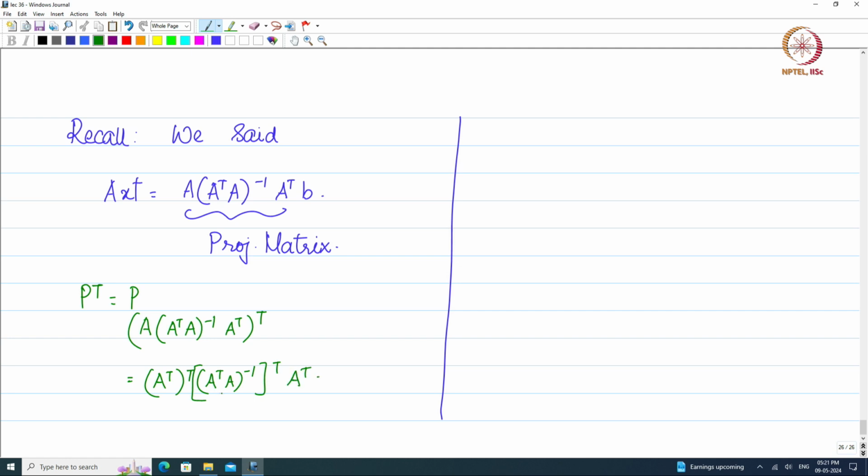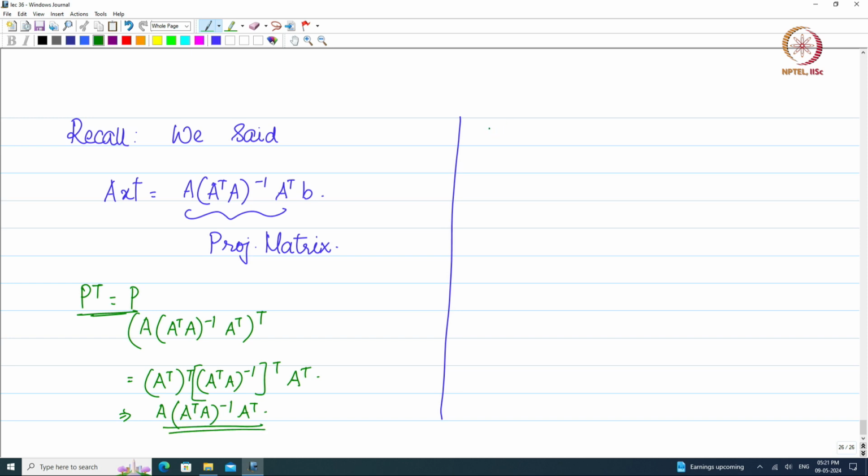Now A transpose A is a symmetric matrix, A transpose A inverse is a symmetric matrix, therefore A transpose A the whole inverse is A transpose A the whole inverse, and this is going to be A transpose transpose, which is actually A. So you are going to get A into A transpose A the whole inverse into A transpose, which means we have proved that this matrix is actually a symmetric matrix.